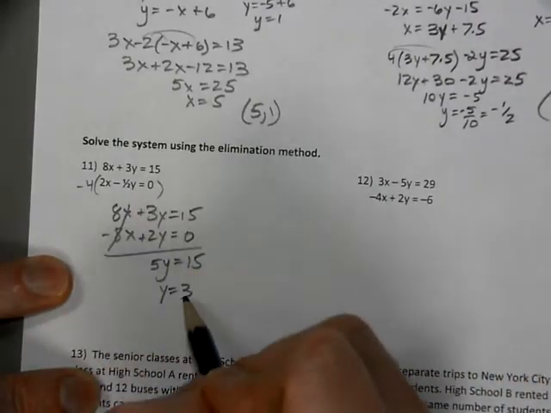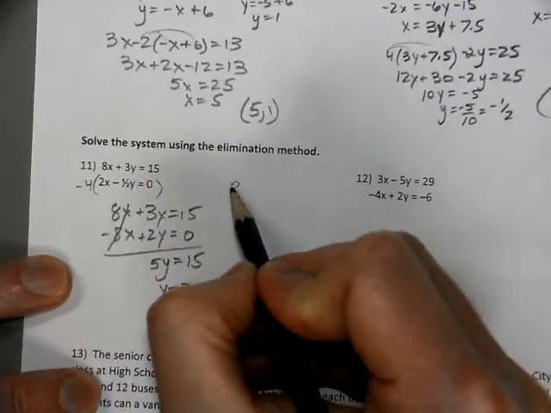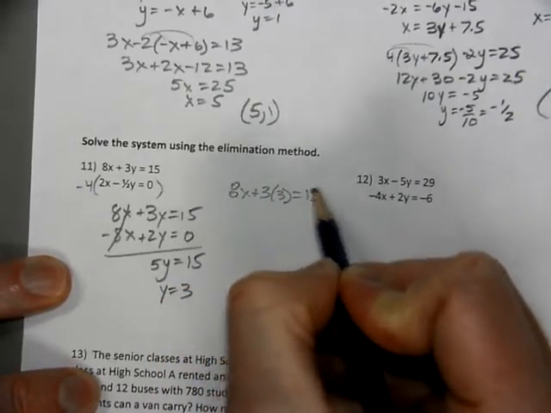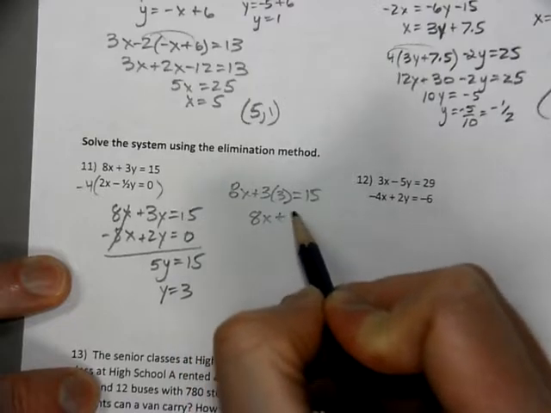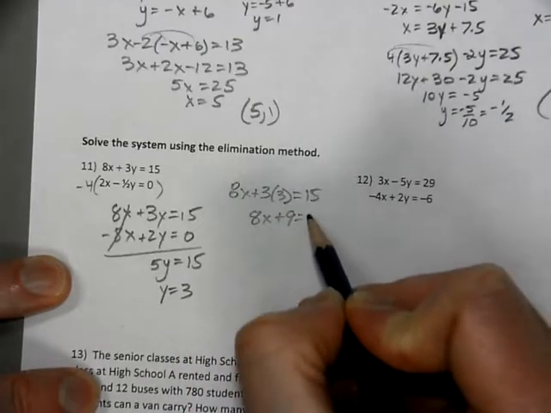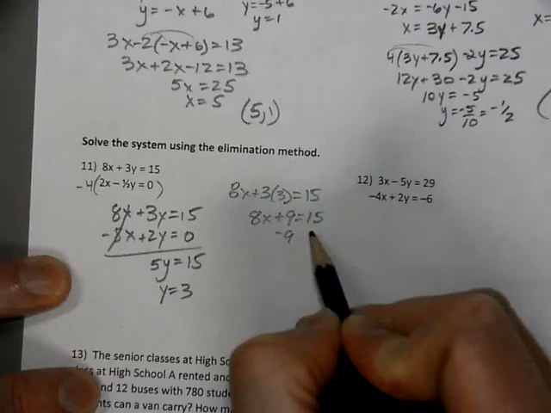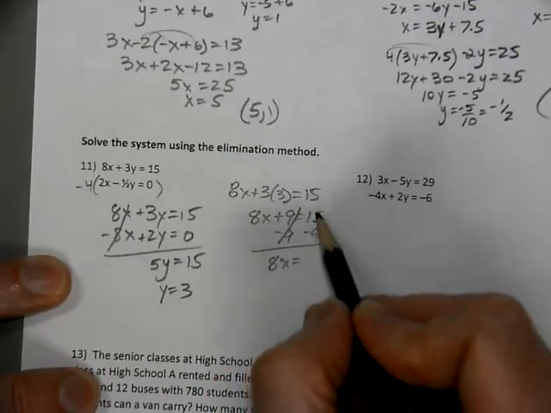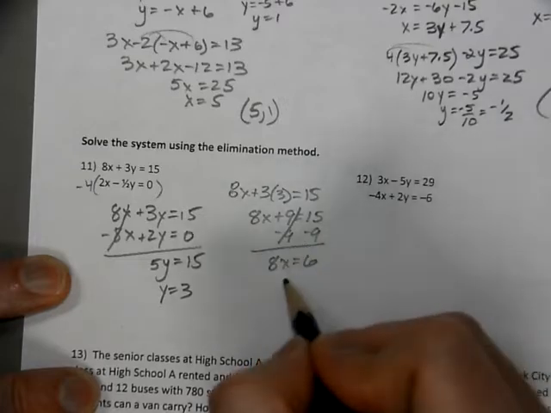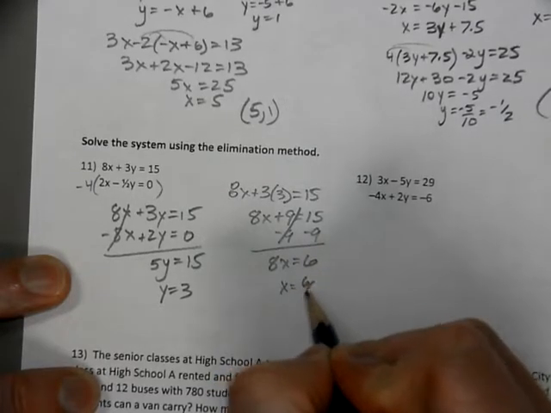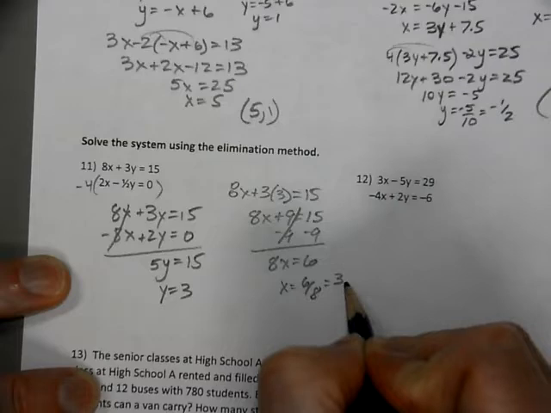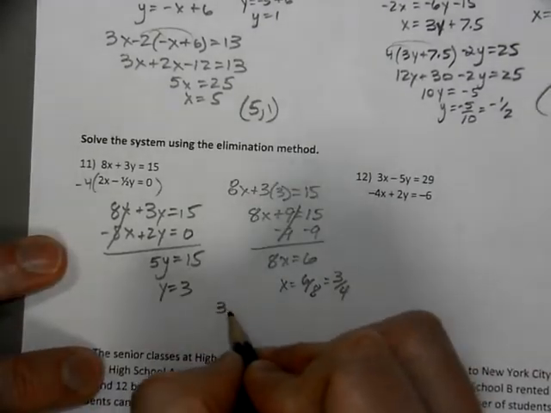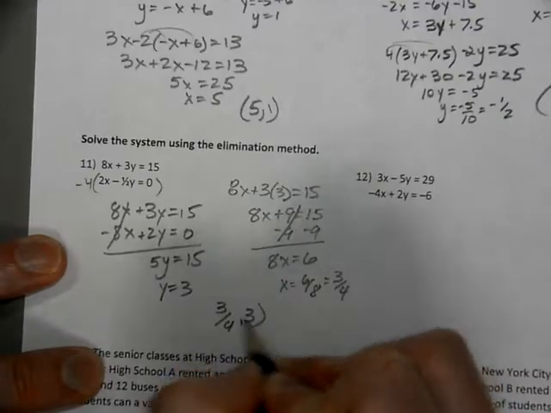Since I don't want to take half of the 3, I'm going to plug it into the top one. Got to make plans sometimes. Get an answer of 3/4. So (3/4, 3).